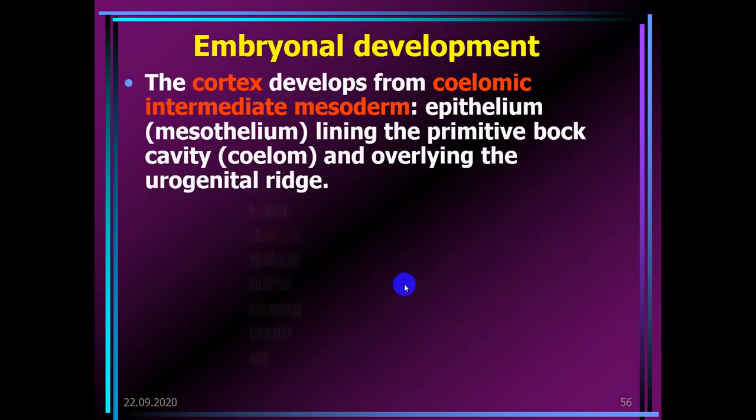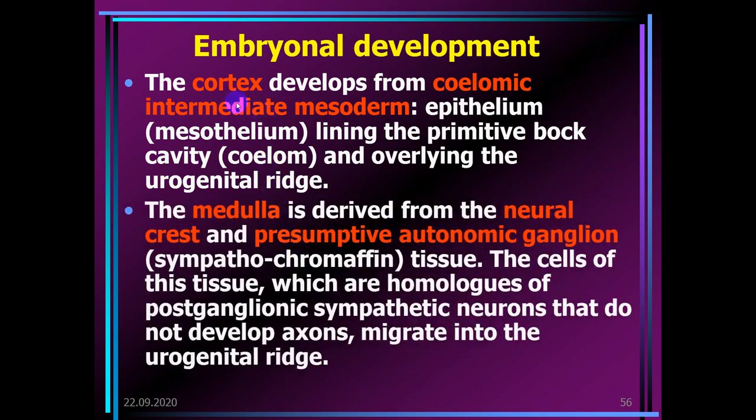Embryonic development of this organ: the cortex develops from coelomic intermediate mesoderm, and the medulla has another origin. It is derived from the neural crest and presumptive autonomic ganglion tissue.